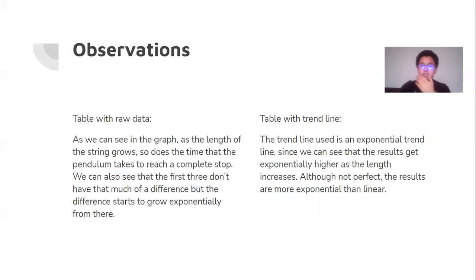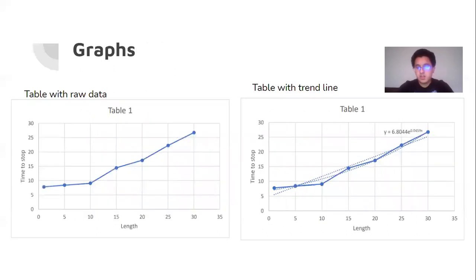Okay. Now the table with the trend line. The trend line used is an exponential trend line, since we can see that the results get exponentially higher as the length increases. Although it is not perfect, the results are more exponential than linear. And I also included the linear line, not the equation, but the linear line.